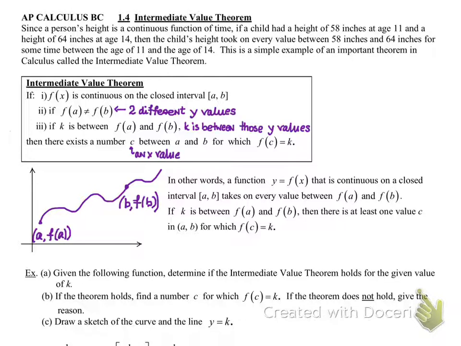Okay, so what does that look like? No matter what kind of squiggliness you have going on between the x value a and the x value b, or you could think of it as the y value f of a and the y value f of b, it could even be crazy squiggly.